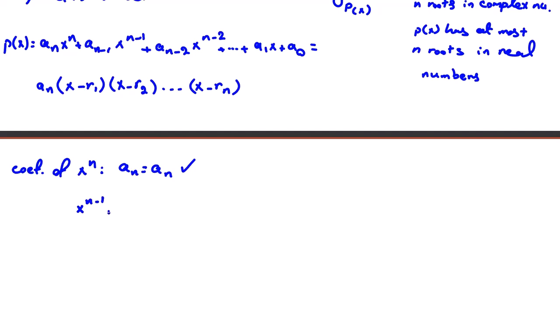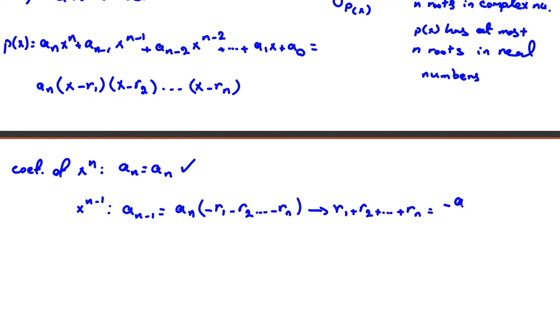If we consider the coefficient of x^(n-1), this side, a_(n-1), this side, when you want to select a coefficient of x^(n-1), you should select x from all of them except one of them that you select, for example, minus rn. And so it will be a_n times (minus r1 minus r2 up to minus rn). So we can conclude r1 plus r2 up to rn equals negative a_(n-1) over a_n.